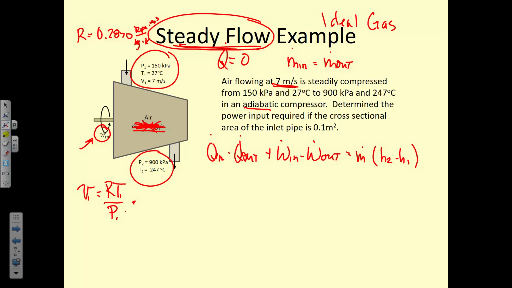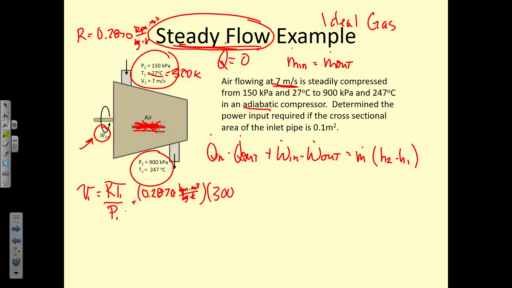Okay, so we know T and P. We can plug in the numbers to find v, 0.2870 kilopascals times meter cubed per kilogram Kelvin, multiplied by the temperature, T1, 27 degrees Celsius. Should I put that in the equation? No, I need to convert it to Kelvin, so it's 300 Kelvin.